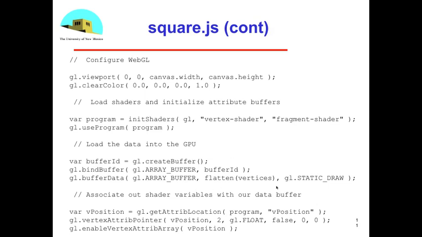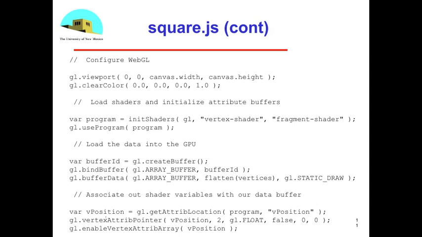Okay, now I've got this area and these vertices on the GPU. I've sent the data over, but I have to now associate that with variables that are in the shader program, because the shader doesn't know anything about the data in this buffer. So now I'm going to associate shader variables with what's in our buffer. In other words, I'm talking about two programs here: the vertex shader and the application, and now I have to make that association.